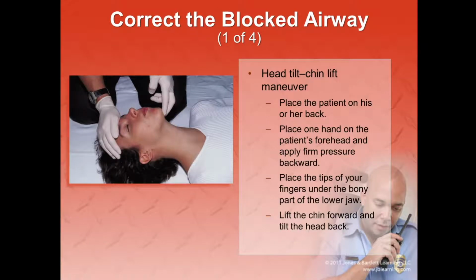We've gone over it, or at least touched upon it, but your head tilt chin lift is one of your ways to open up an airway, and it's used when you have a person who you do not suspect to have any trauma or neck or spinal cord injuries.